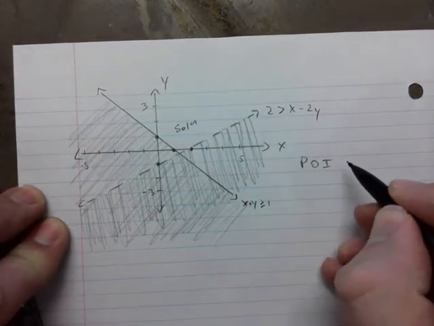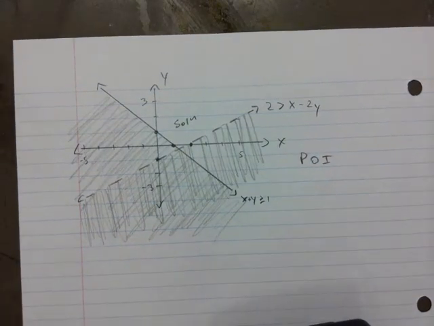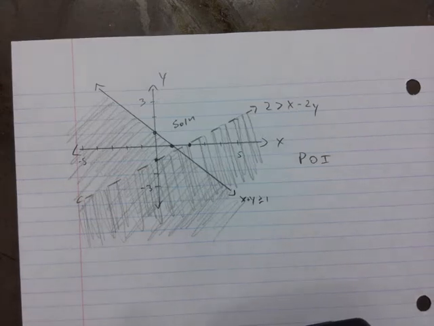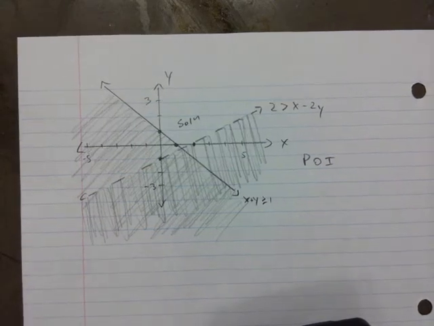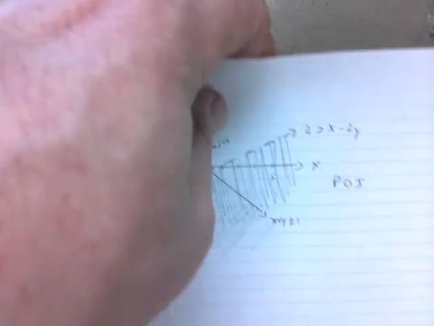Point of intersection. Negative x plus 1. And the other one is 1/2. I'm going to have to check one more time. Minus 1.